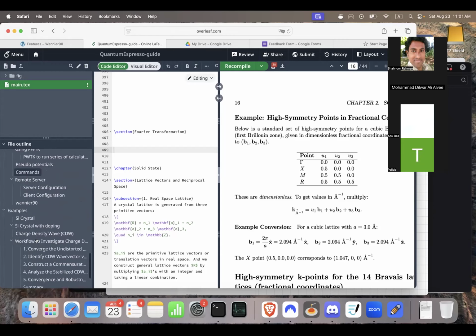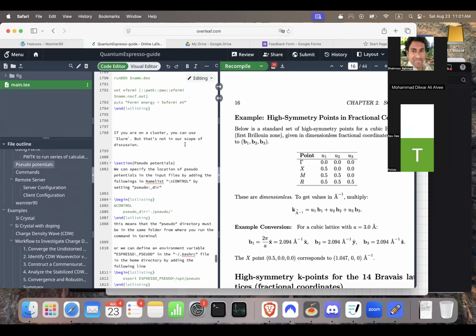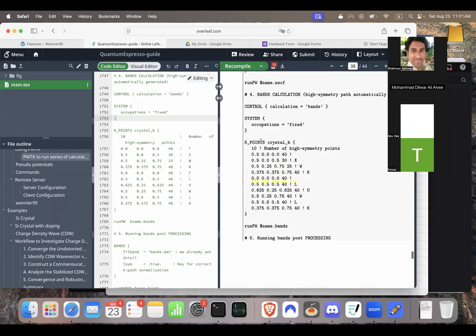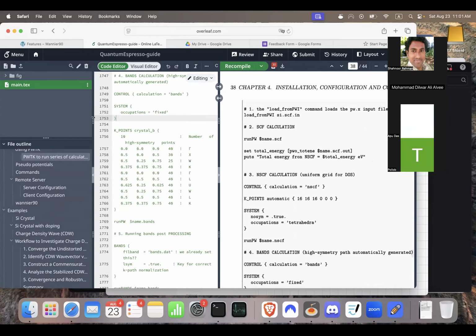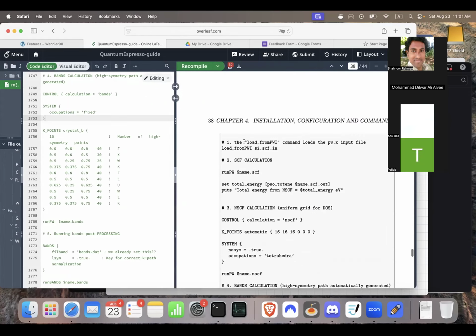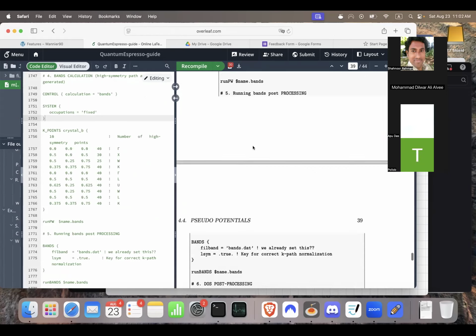I think I have the code here somewhere. If you remember, in our input files, we have the k points list. 0 0 0, we call it gamma. 0.5, right?